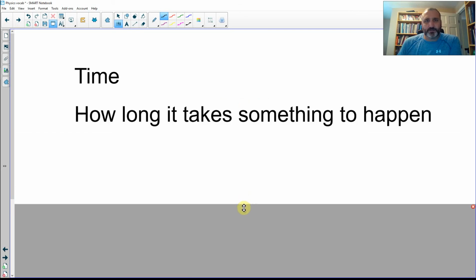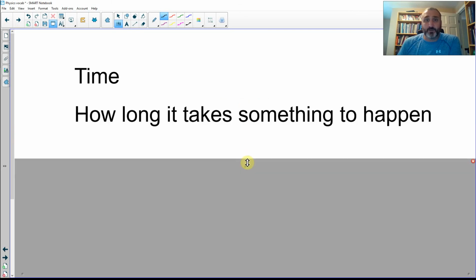And finally, the last little vocab word I want to give you is time, that we talk about in physics. And time is always measured, in physics at least, in seconds. Okay, notice I never said miles per hour, I always said meters per second. So time, you're going to be measuring a ton of different experiments and things that we're going to do in physics. You're going to need time quite often. And we're always going to measure it in seconds.